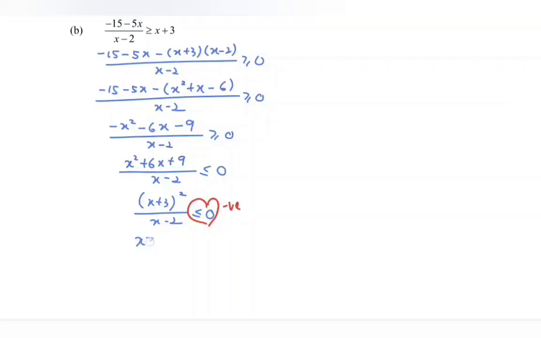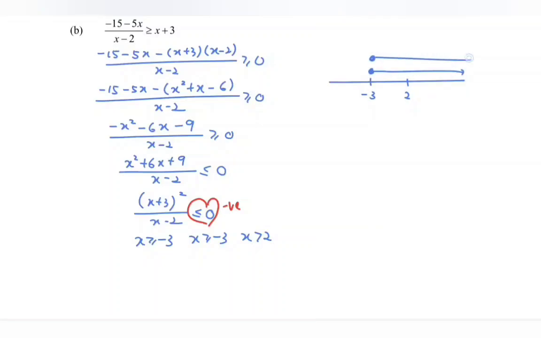Continue. x greater than or equal to negative 3 for 2 times. Then x greater than 2. Kindly illustrate this on a real number line. We have negative 3 and also 2. So then, an empty circle. From here we have negative, negative, negative, negative.